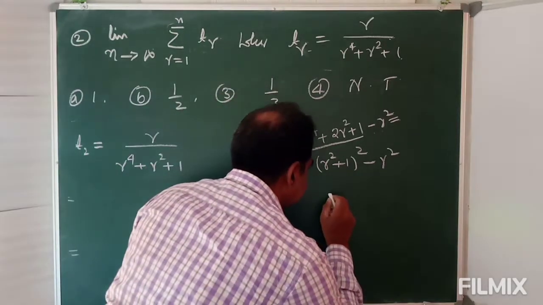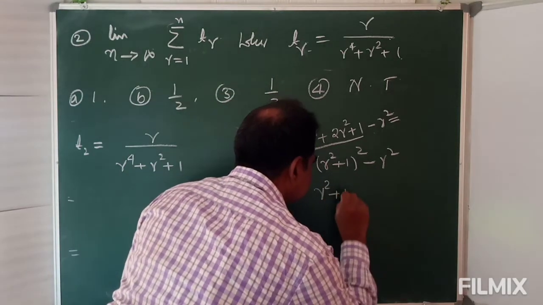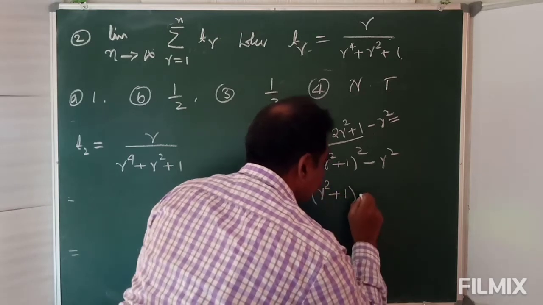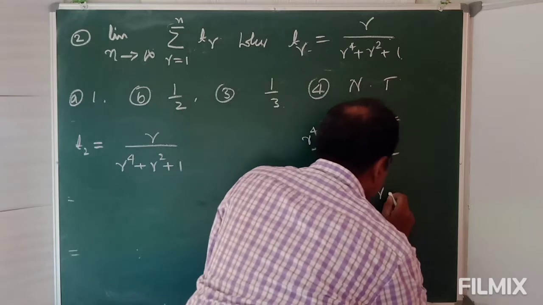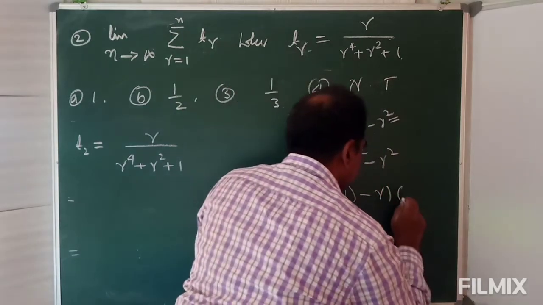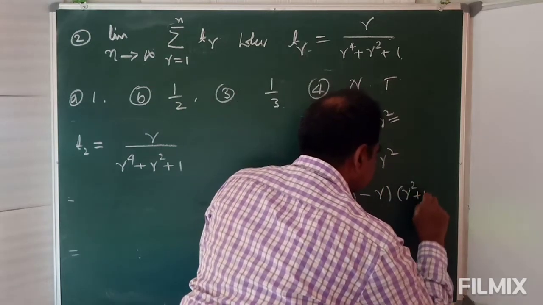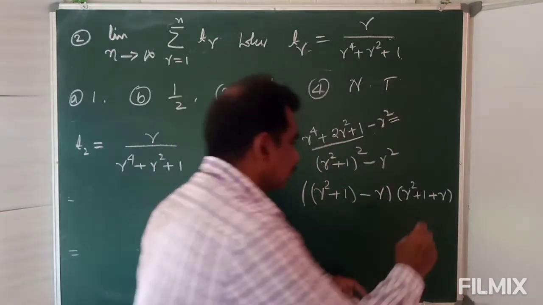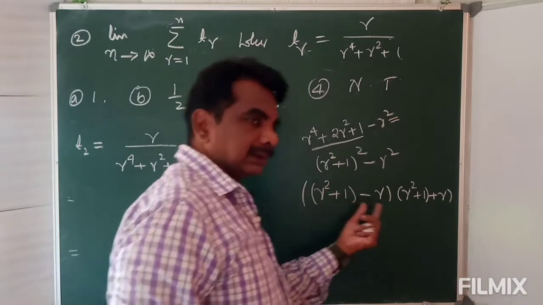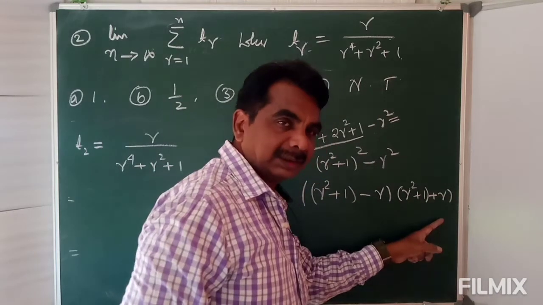I will write this as r square plus 1 minus r, okay, into r square plus 1 plus r, that is x minus y into x plus y. Understand?